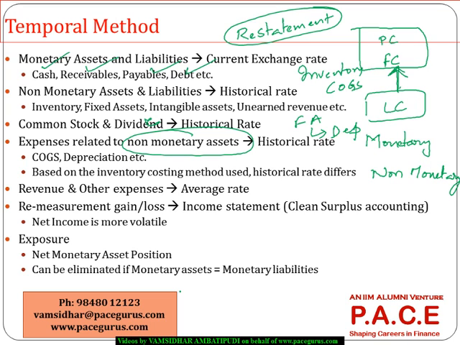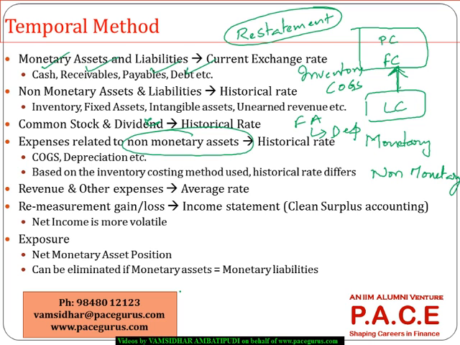Whereas if the presentation currency has appreciated with respect to the subsidiary's local currency, then we see that the gain will be lesser or a loss is going to be incurred. So in this case, we have seen that the presentation currency of the parent has depreciated with respect to the local subsidiary's currency.